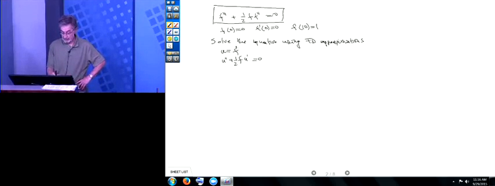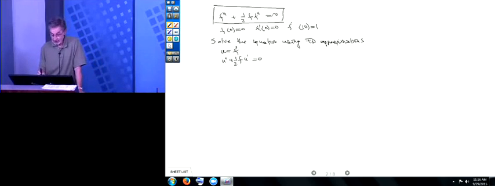So this is the first-order equation, and it needs one boundary condition. Or we can translate these into the new variables.